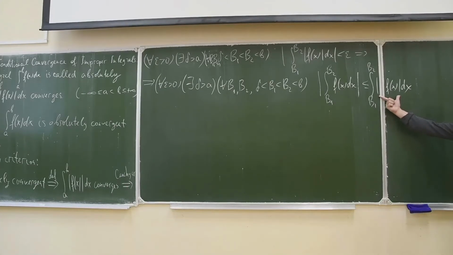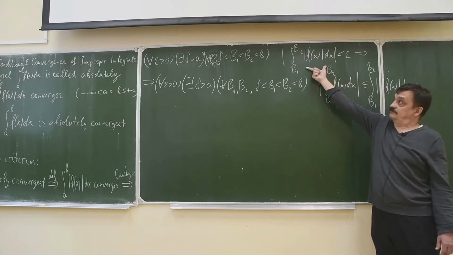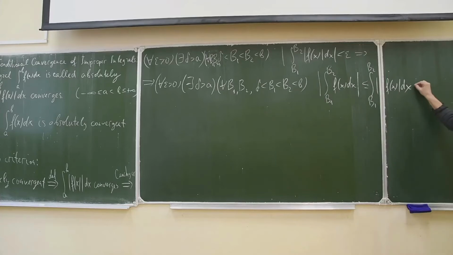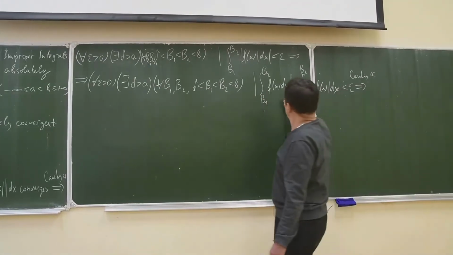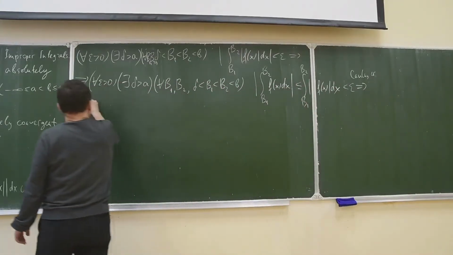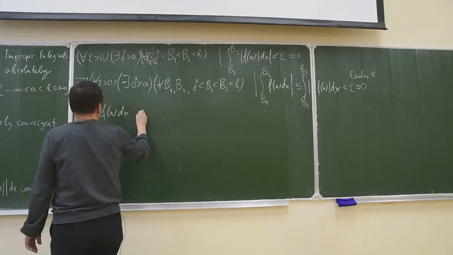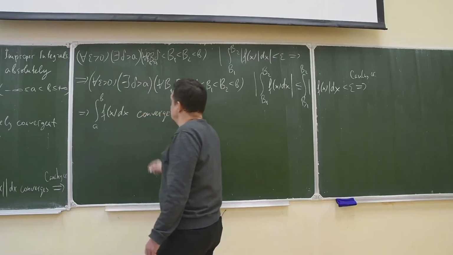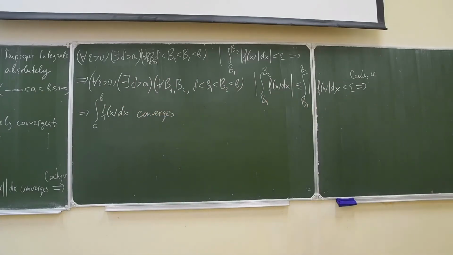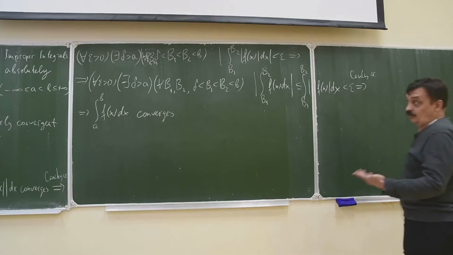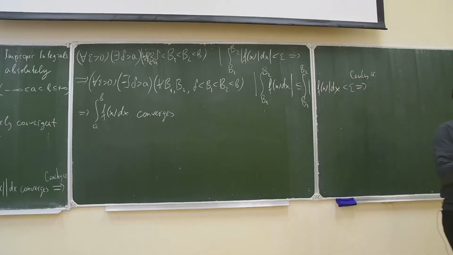And now you see, this is non-negative, and according to our Cauchy criterion, this is less than epsilon. Then, again by the Cauchy criterion, we deduce, if the modulus of the integral is less than epsilon, the integral from a to b of f of x dx without modulus converges. So you see, usage of the Cauchy criterion allows us to deduce it almost immediately. Just a simple estimation of the integral works very quickly.